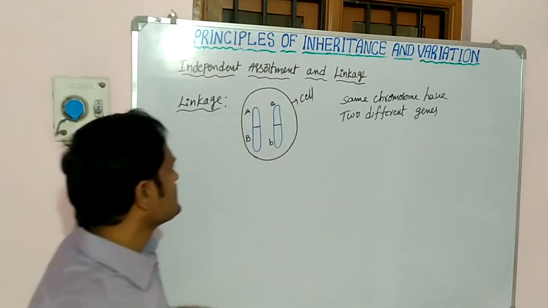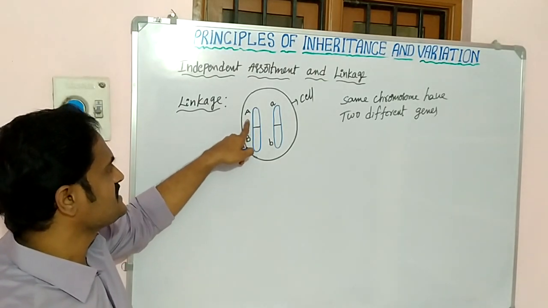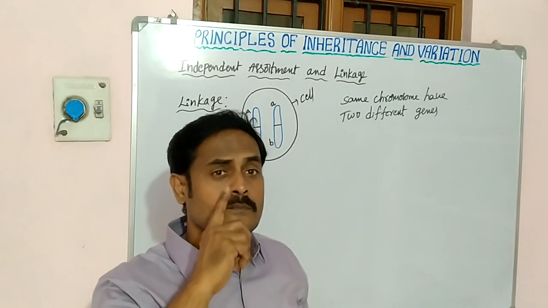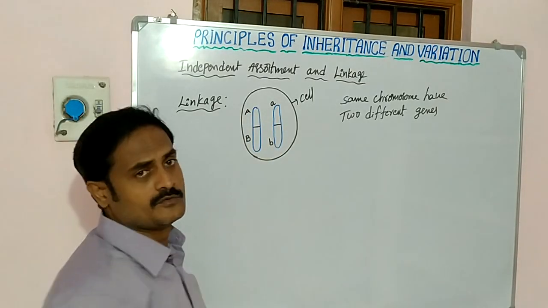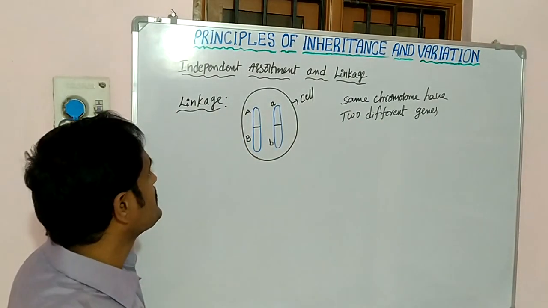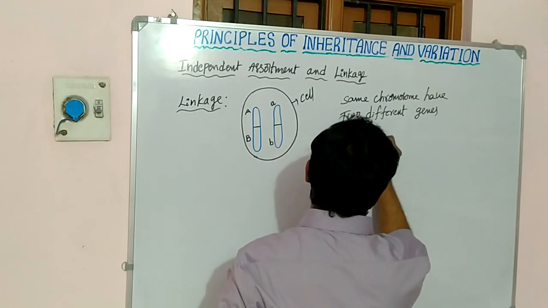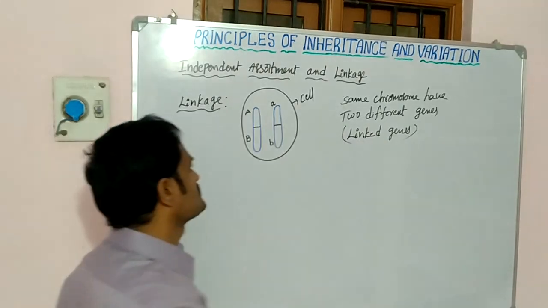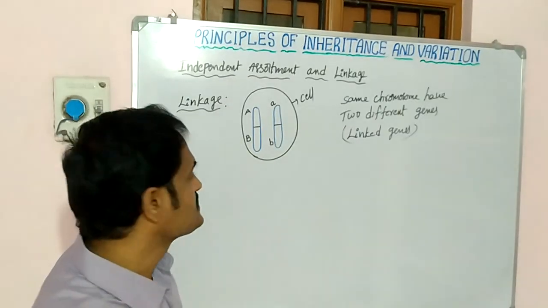Remember, the same chromosome consists of two different genes, that is capital A, capital B. Both are different genes, but they are located on the same chromosome. Such genes are called linked genes. Remember, this process is called linkage.